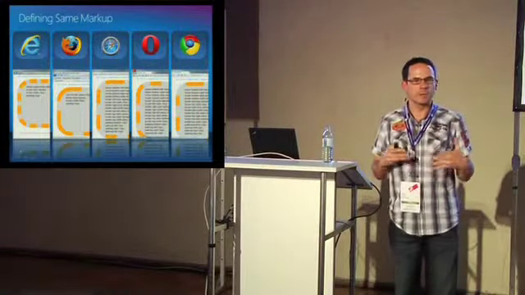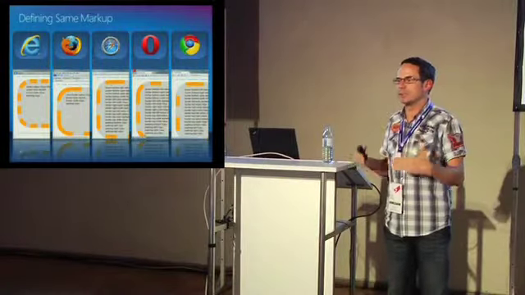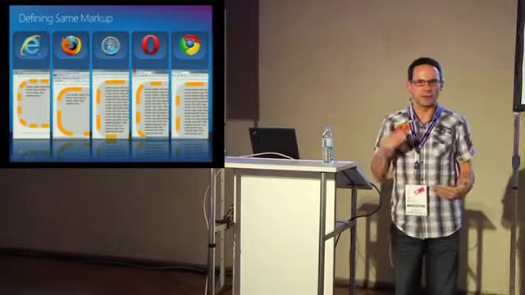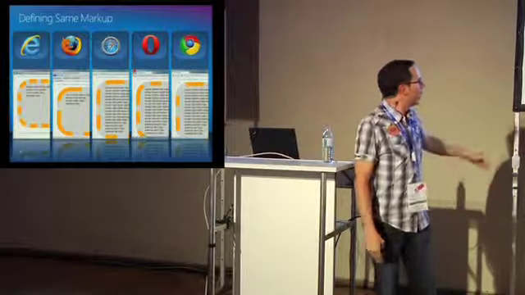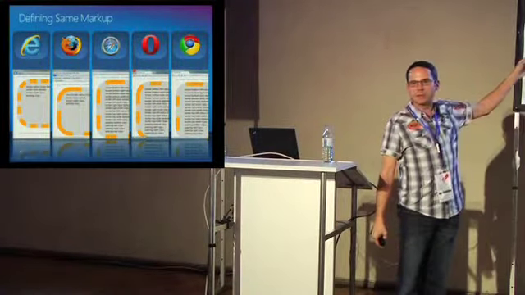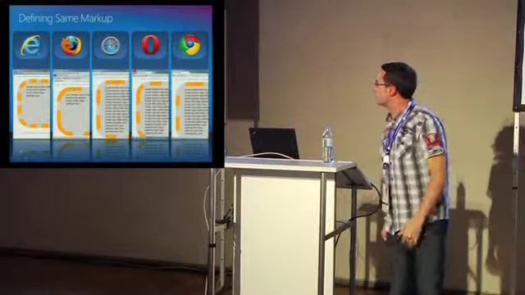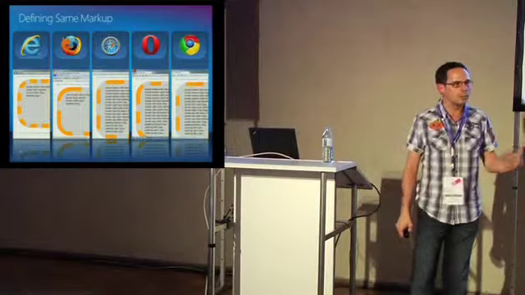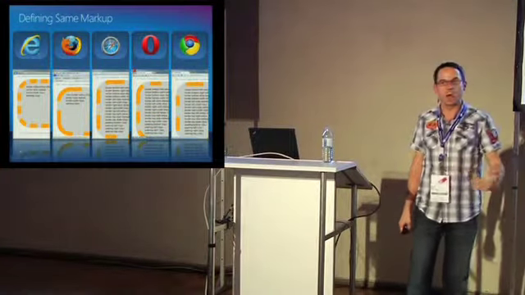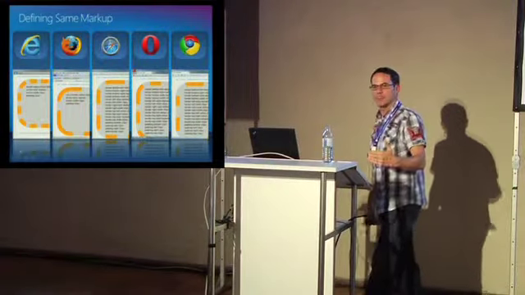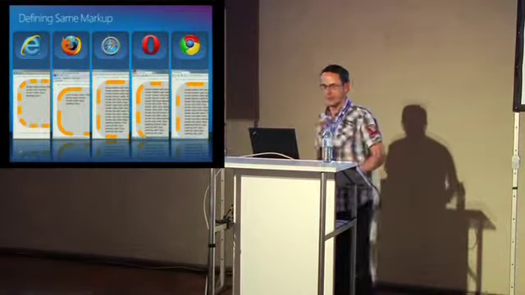We want to make sure that the code you write works the same across all the browsers. We want to make sure that the JavaScript is fast and interoperable, and that when you write code, you're not having to write things for different browsers and different experiences. So with Internet Explorer 9, we're spending a lot of time going through to understand what's going on, making sure we have that documented and a good set of tests.